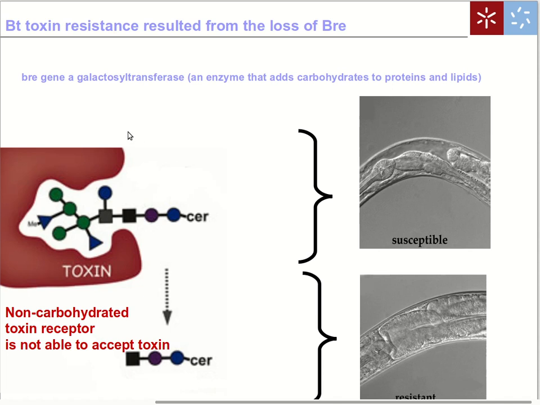In this case, the gene that was changed is called BRE, and this gene encodes a galactosyltransferase in the nematode. This is an enzyme that adds carbohydrates to proteins and lipids. And this has an effect because of what is actually recognized by the toxin, here in red.